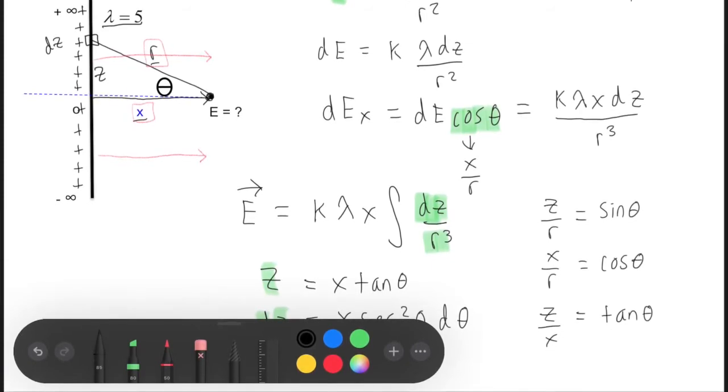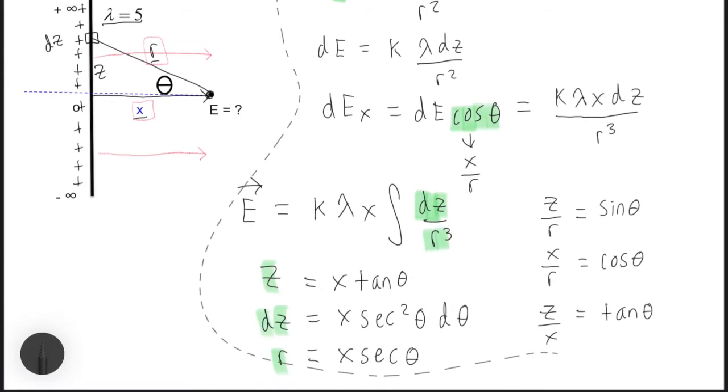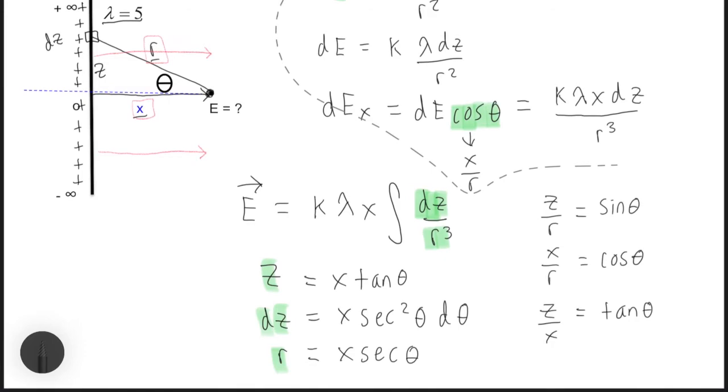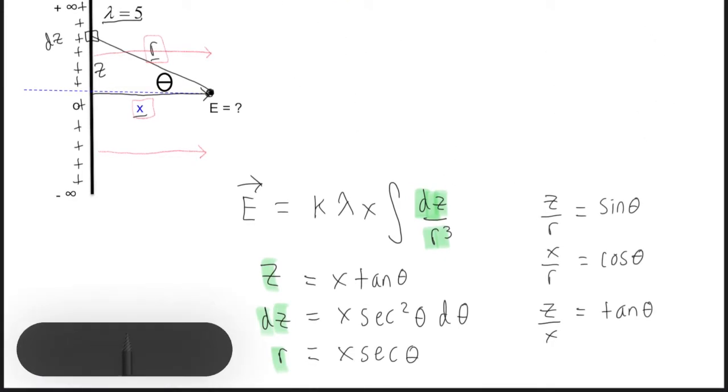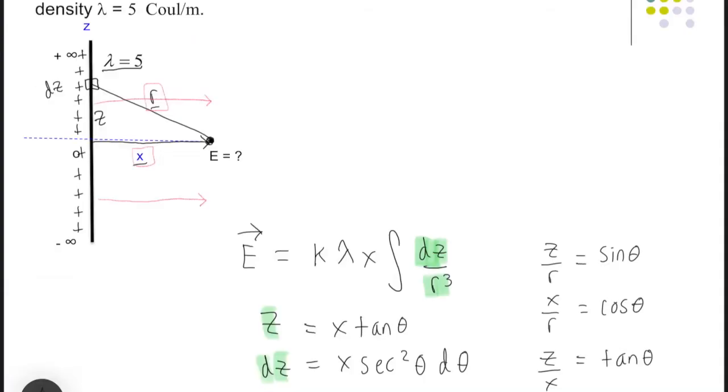All right, so let me just clear up some space here. And what we'll get is x secant squared theta d theta over x secant theta cubed.